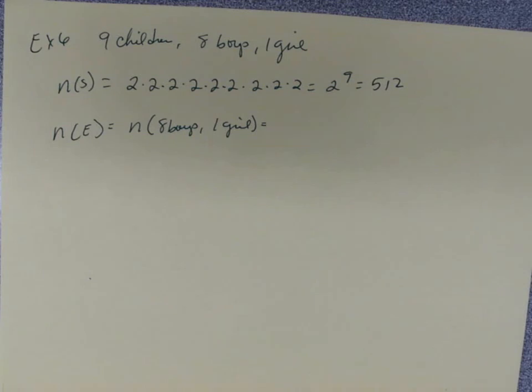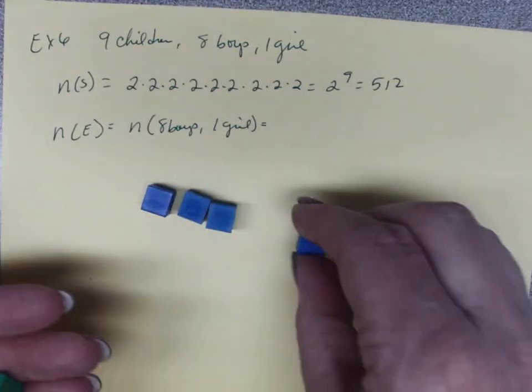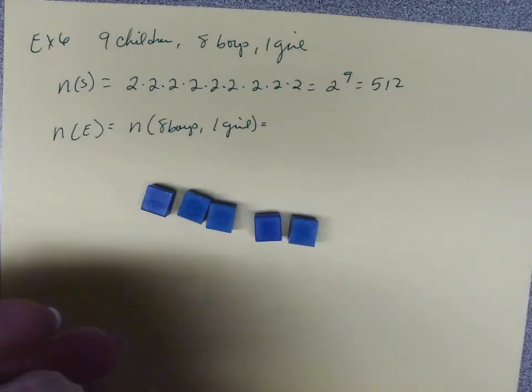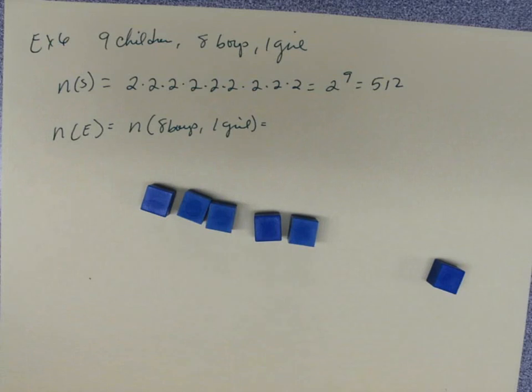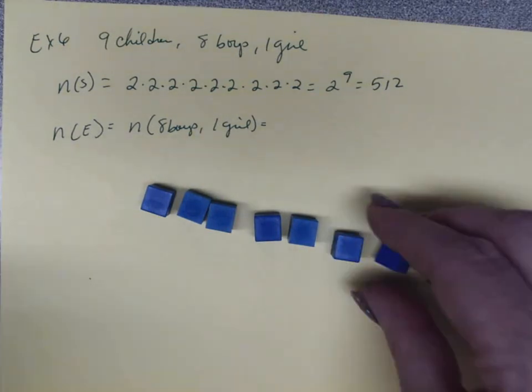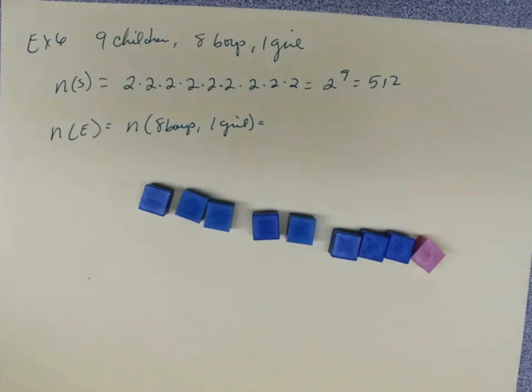Let's see what we got here. I'm going to demonstrate this with another manipulative. So we've got 1, 2, 3, 4, 5, 6, 7, 8 boys. And we'll do the pink for the girl. Yes, they're stereotypical colors, but we're just going to go with that.